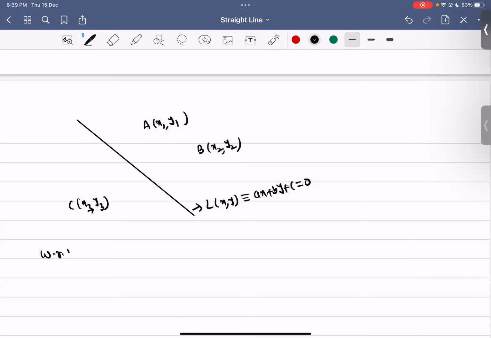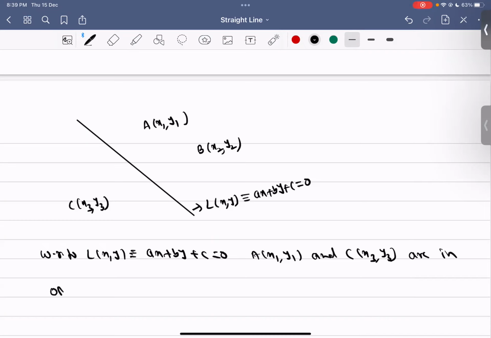Therefore, with respect to L of (x, y), ax plus by plus c equal to 0, (x1, y1) and (x3, y3) are on opposite sides. Therefore, the product is always negative in this case: L of (x1, y1) into L of (x3, y3) is less than 0.